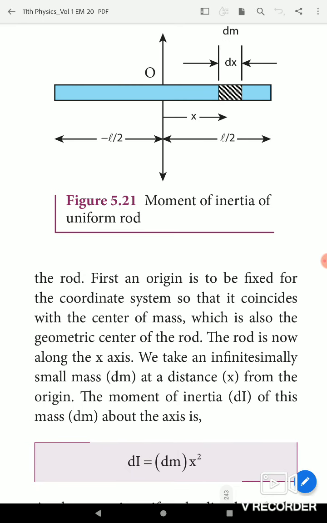First, take an infinitesimally small mass dm at a distance x from the origin. The moment of inertia of this small mass is dI equal to dm x squared.